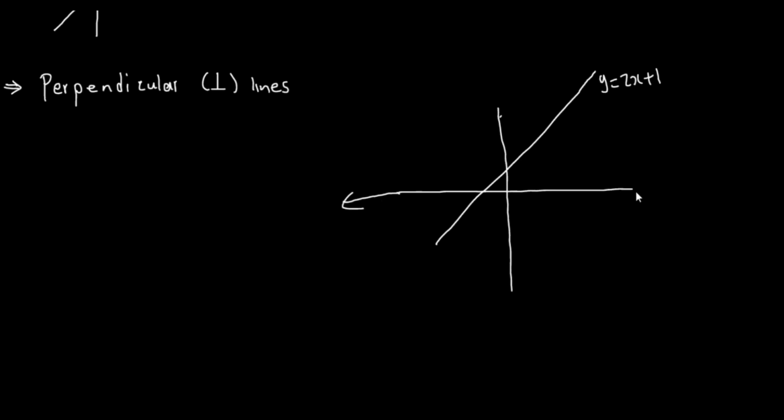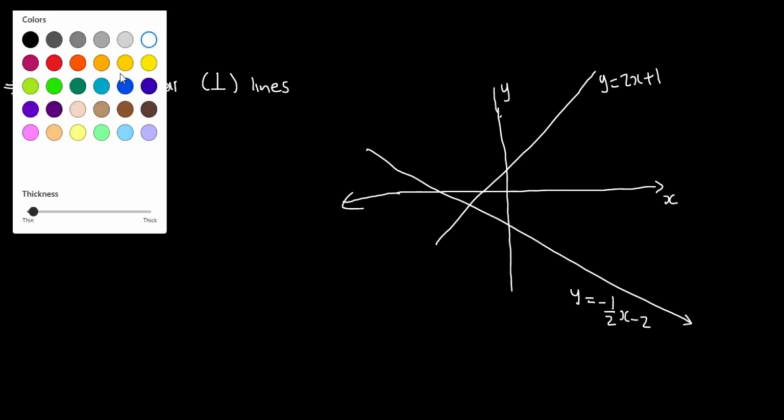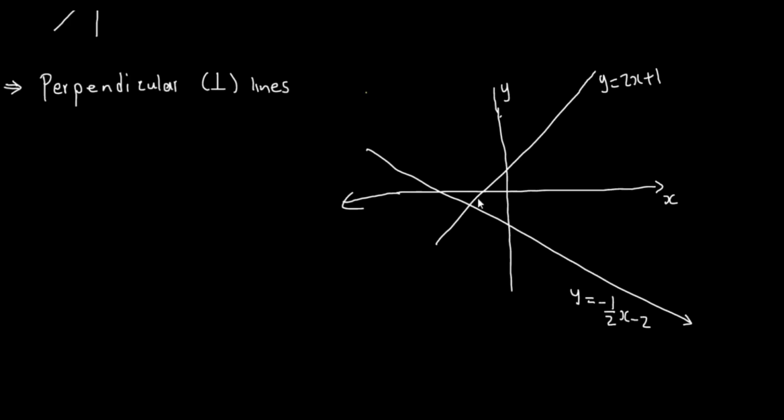Let me say this is my X, this is my Y. Now I'm just going to put a line there, and the equation of this line is y is equal to minus 1 over 2 x minus 2. It is given that these two lines are perpendicular, so they form 90 degrees there.